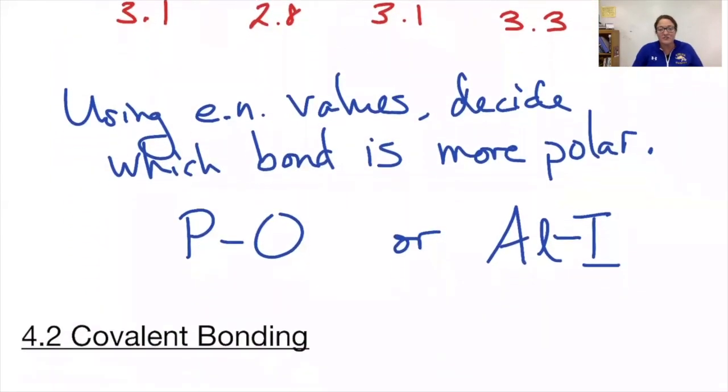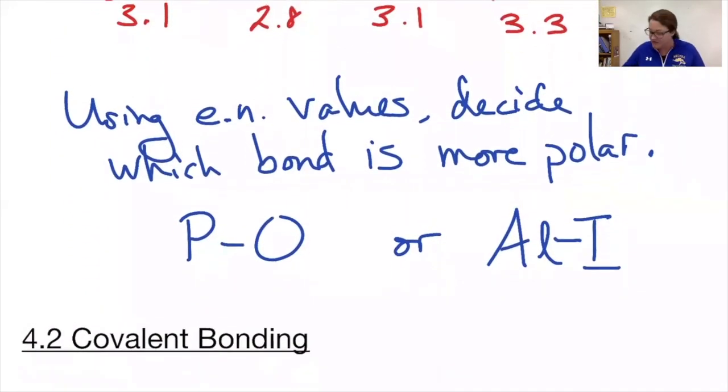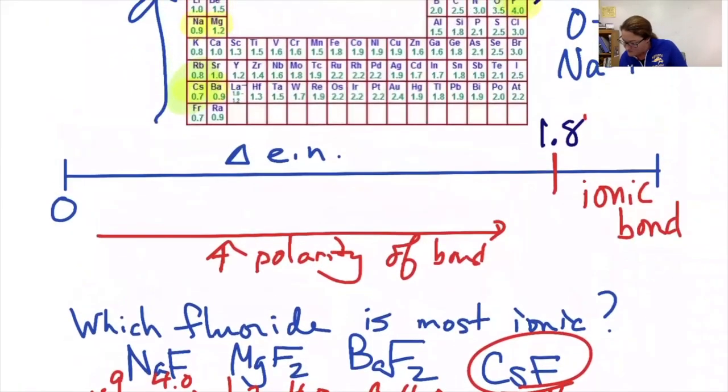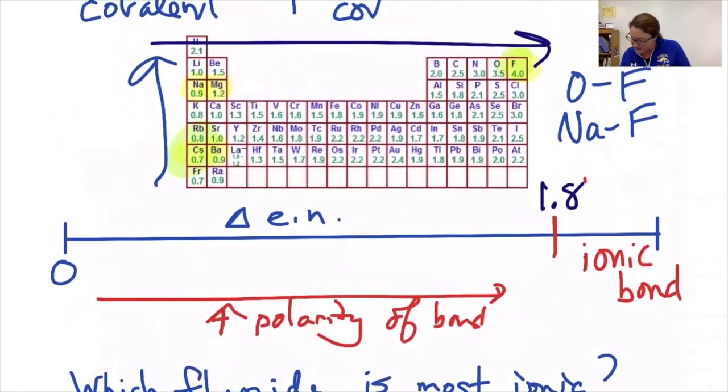You can also use electronegativity values to decide which bond is more polar. Polonium and oxygen, phosphorus and oxygen, or aluminum and iodine. So finding my values, phosphorus has a value of 2.1, oxygen 3.5.